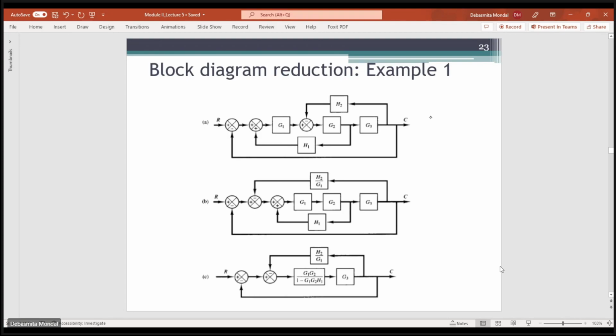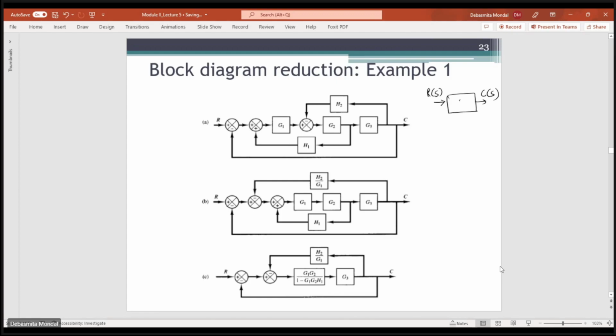Let's say that this is a block diagram which is given to you. There are some interconnections, so many loops, multiple summing points and all. What you need to do is find out the final block diagram where you will have only R(s) as your input and some block as your output, and the output is C(s).